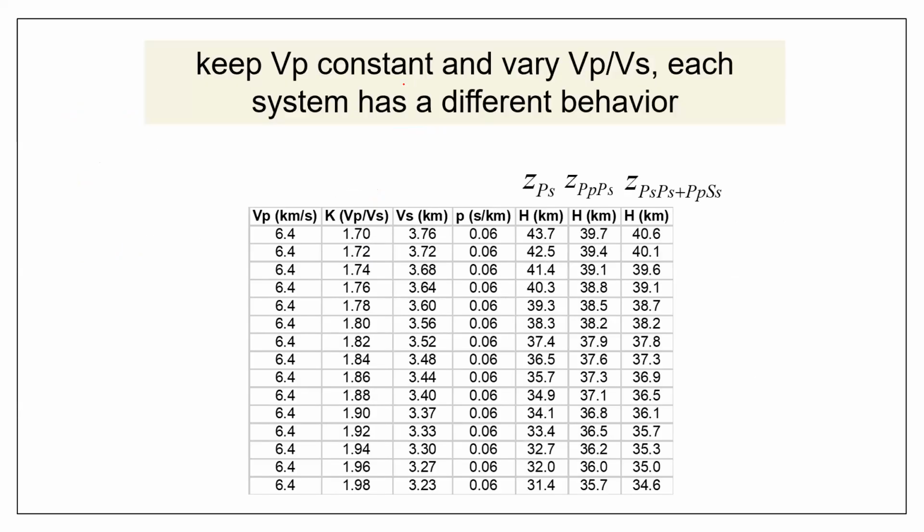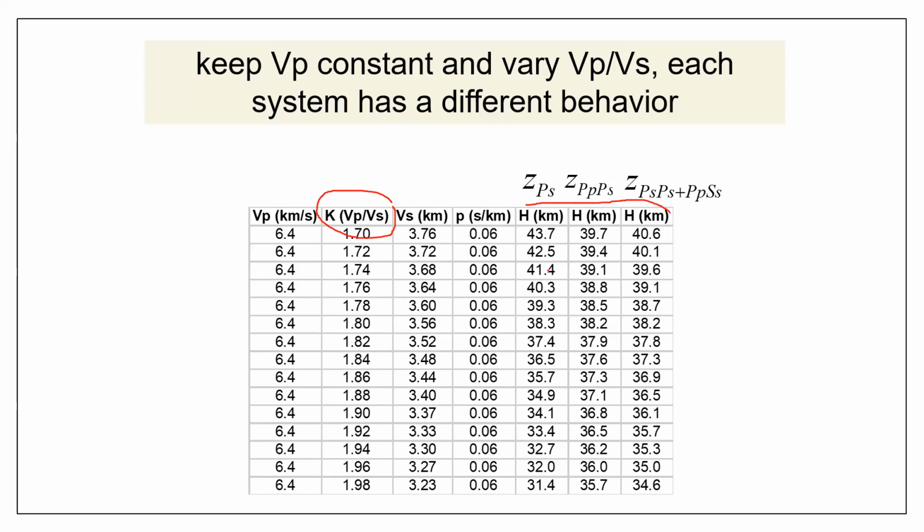So you keep the Vp constant and vary the value of Vp by Vs as we have shown previously, because it is the factor that affects the estimates of the H value the most.